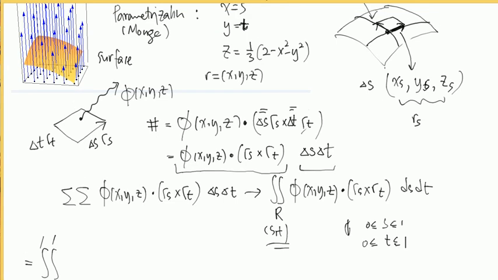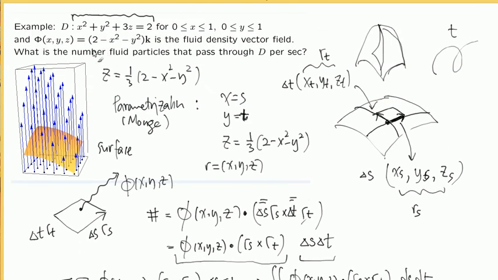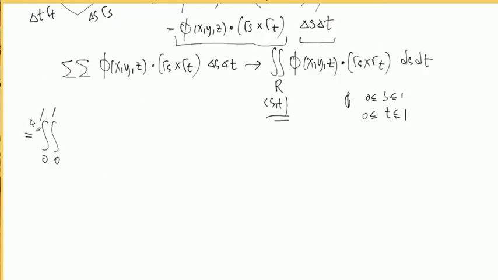So what is phi of x, y, z? Is that phi is this one? It has only a k part, right? And x is s and y is t, so I'm going to plug that in there. 0 and 0, 2 minus x is s and y is t. Dotted, right? With RS cross RT, ds dt.